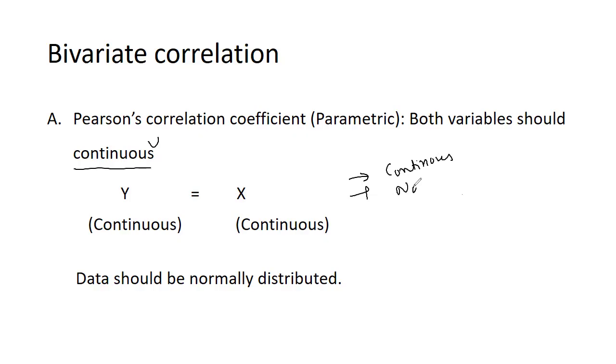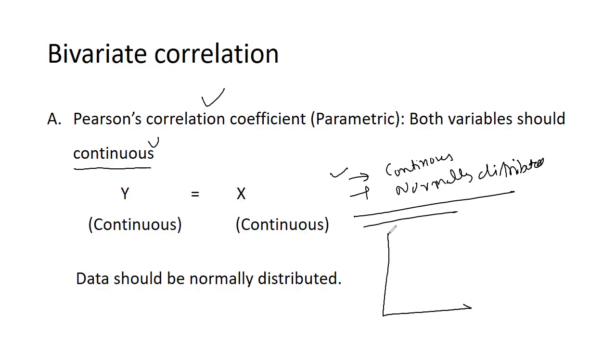And second, the data should be normally distributed. If both the conditions are satisfied, then we can apply the Pearson correlation coefficient and find out the relationship between the two variables. So it is a prerequisite that our data should be continuous, either interval or ratio scale.